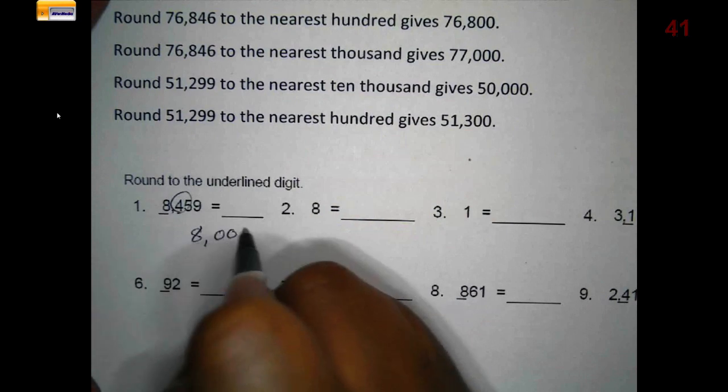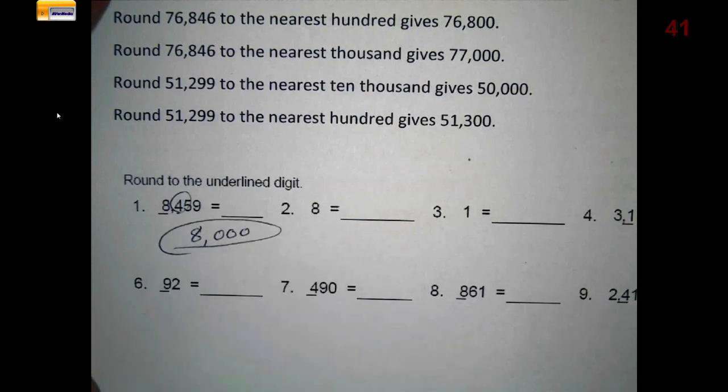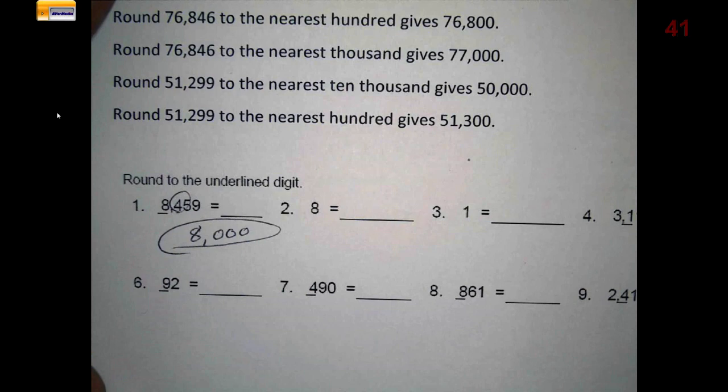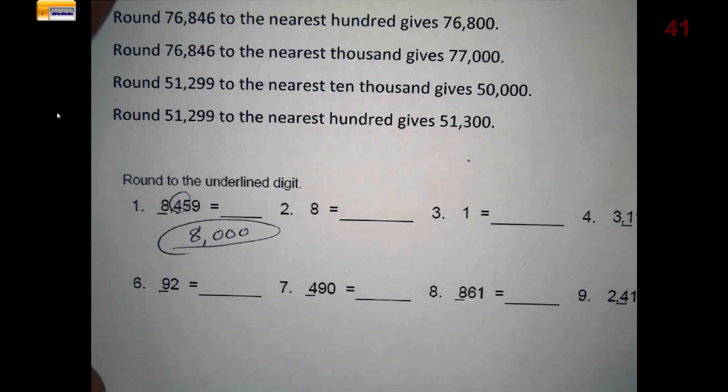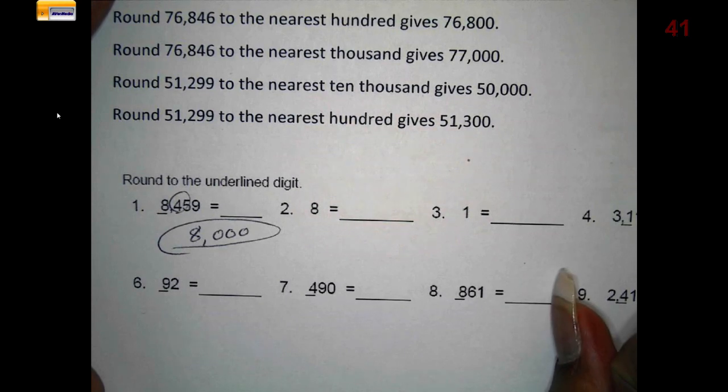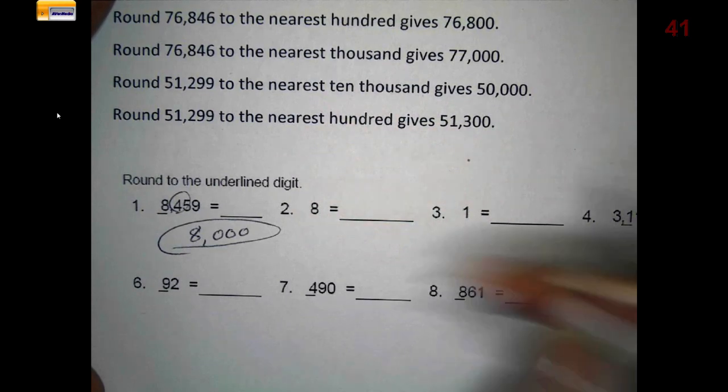I'm just going to write it underneath because I write so big. What about number 2? I just have the whole number 8. Is anything underlined? What place value do I have? The 8 is in what place value? Not in one, but it's a whole number, right? The ones. Okay, so if I'm rounding to the ones, it's just 8.